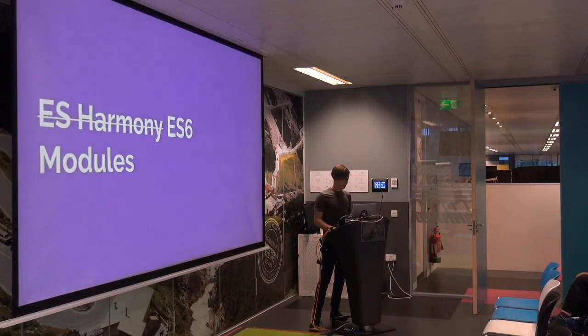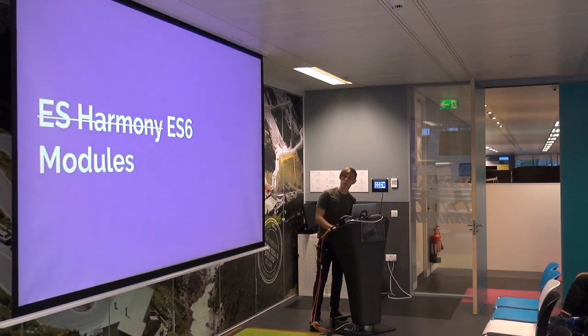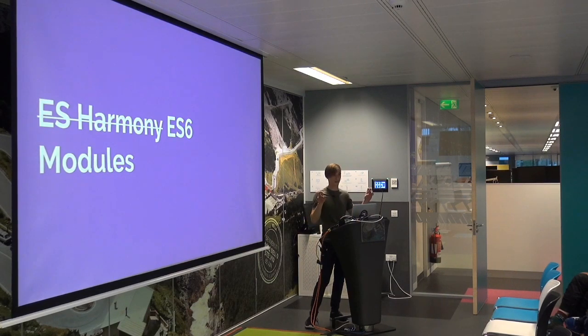And now we have ES6. Well, it was supposed to be called ES Harmony. You remember I was talking about the Middle Ages in our JavaScript history? Back then it was called ES Harmony, and if you check some of the older blog posts, everyone says ES Harmony. But it became ES6 modules.